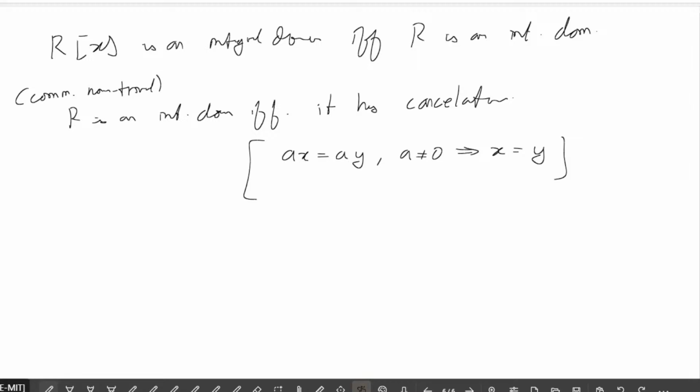So if you take the multiplicative monoid of a finite integral domain, it has cancellation. Therefore it must be a group, which means all the non-zero elements are units.